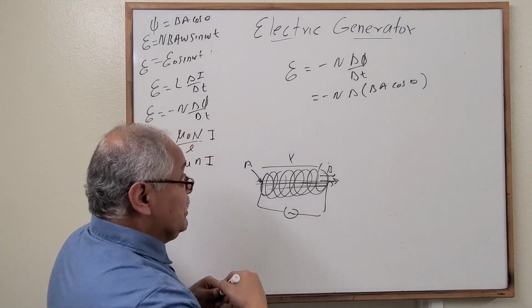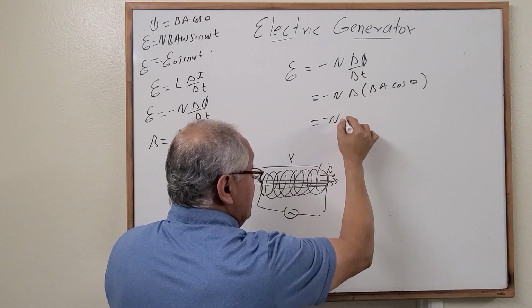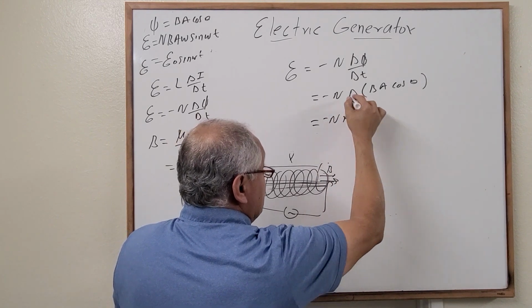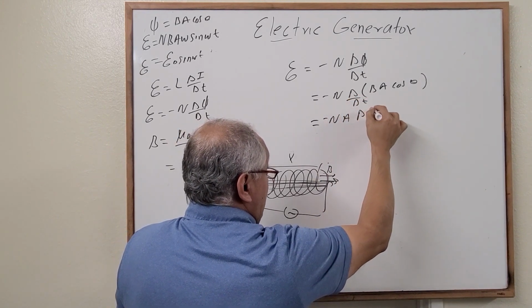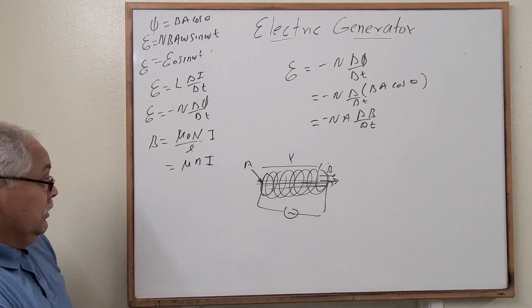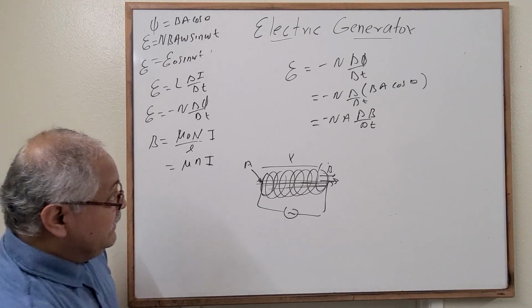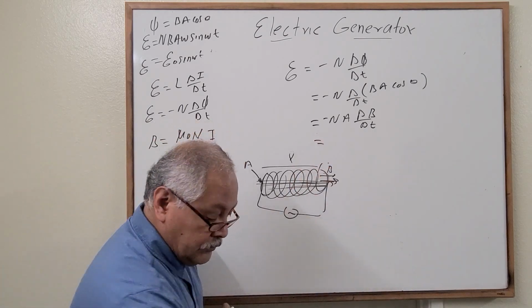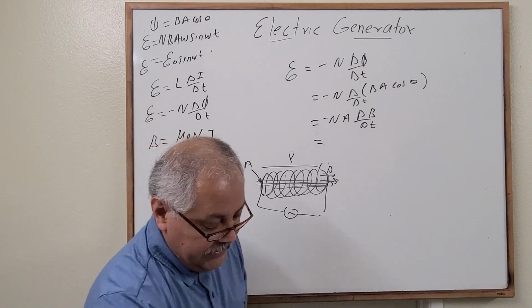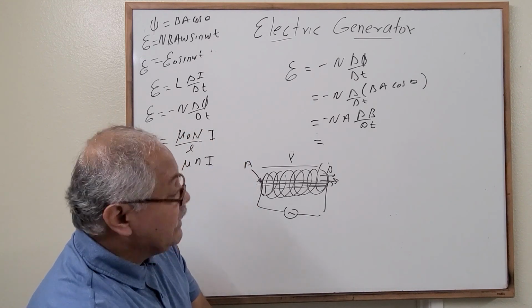Okay, great. So this is equal to just N A times the change of B with respect to time. Correct? Perfect. And when we apply this analysis, what do we have?